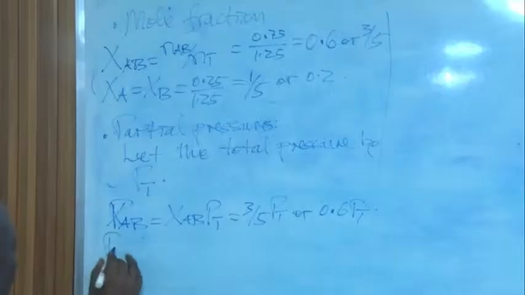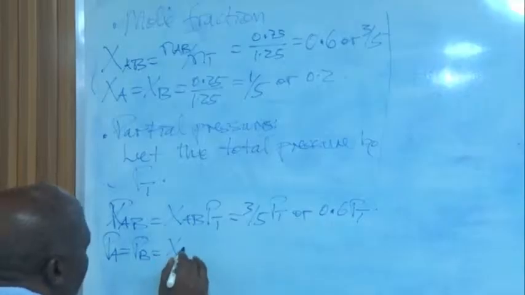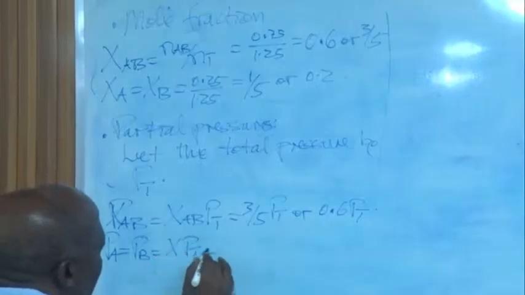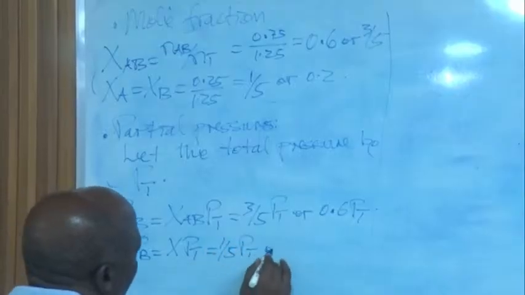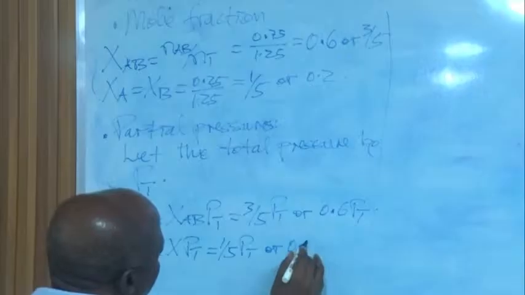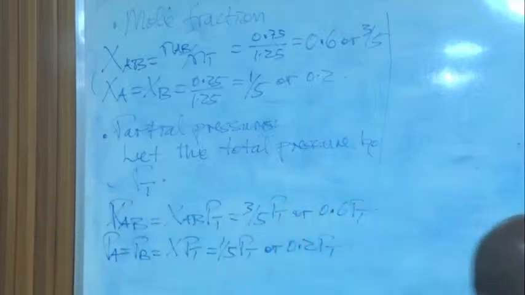Now the partial pressure of A is equal to the partial pressure of B, which is equal to the mole fraction times the total pressure. This is equal to 1/5 of the total pressure, or 0.2 total pressure. So these are the partial pressures of the 3 gaseous components.